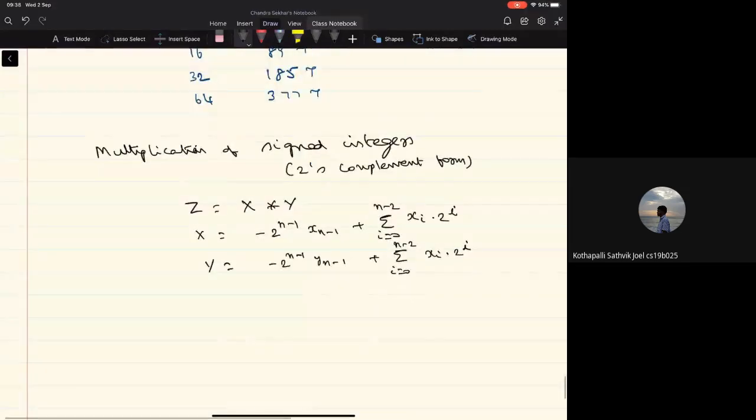Okay. So what are we going to do now? In order to generate this x multiplied by y, I substitute the expression for y.